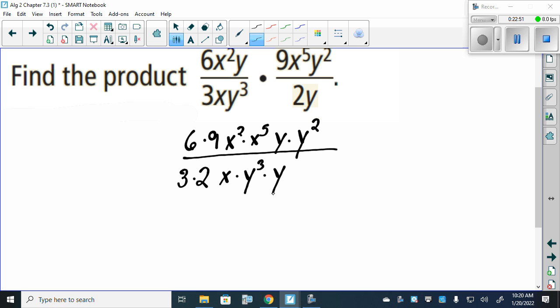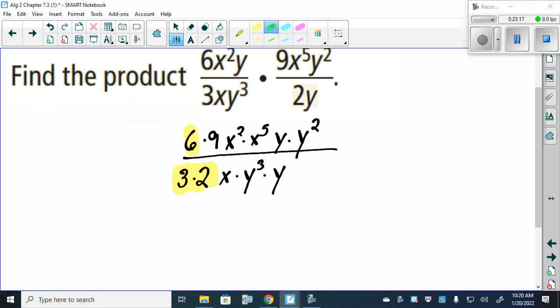Now at this point here, if you feel comfortable with canceling things out, you can go on and cancel things out and simplify down. Because I'm going to use a highlighter here. Well, 3 times 2 is what? I mean, we do have that like term on top and bottom, yes, so I would simplify to 1.